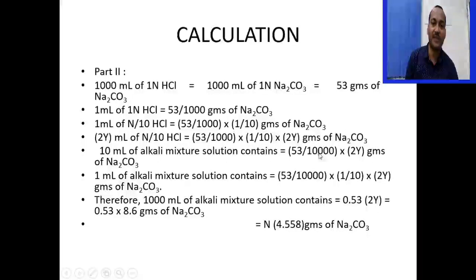That means this much is contained in 10 ml of alkali mixture solution. So 10 ml of alkali mixture solution contains 53 by 10,000 into 2y grams of sodium carbonate. So 1 ml of alkali mixture solution will contain this divided by 10. Therefore 1000 ml of alkali mixture solution will contain 0.53 into 2y. Since 2y we got as 8.6, that becomes 4.558 grams of sodium carbonate.